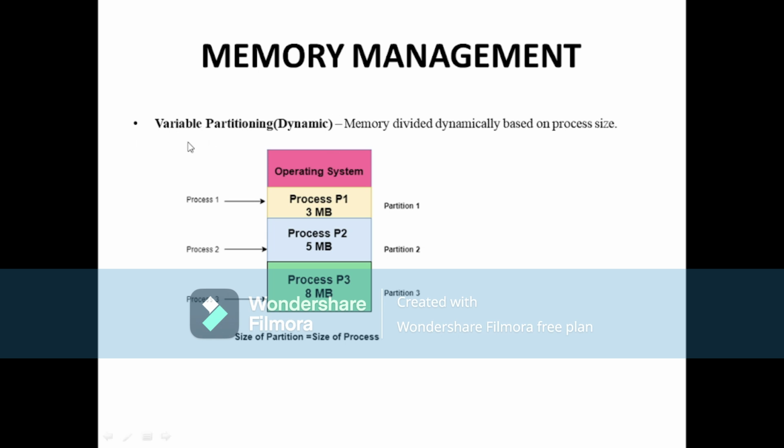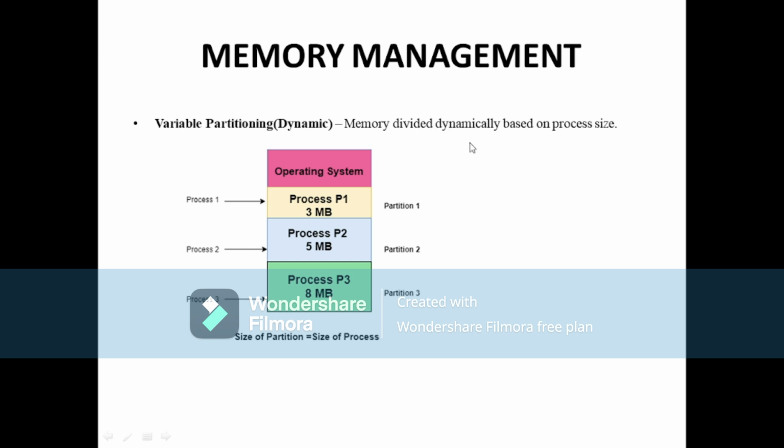The next type of division of memory is known as variable partitioning, also known as dynamic partitioning, because the processes are allocated the partitions during execution. That's why it is known as dynamic. How is RAM divided, and what is the size of each block?